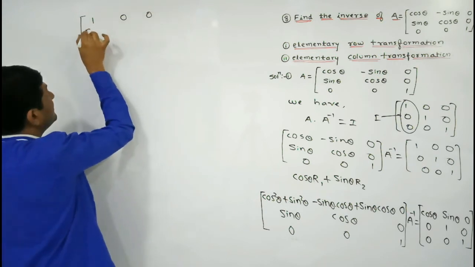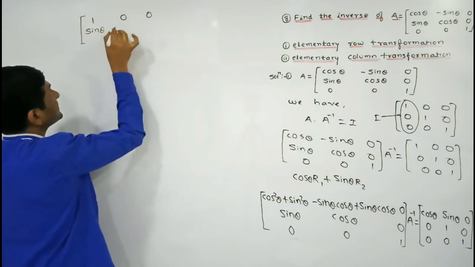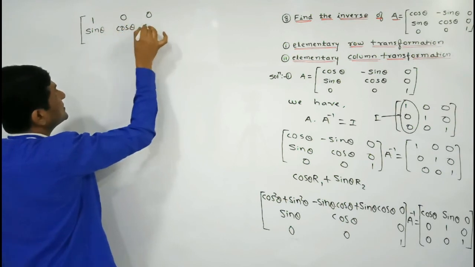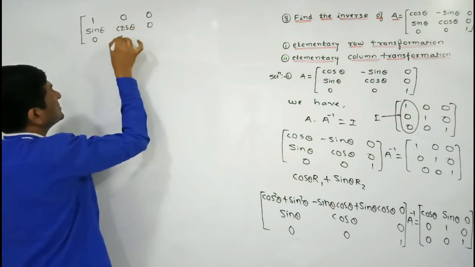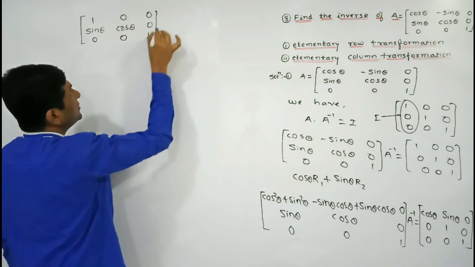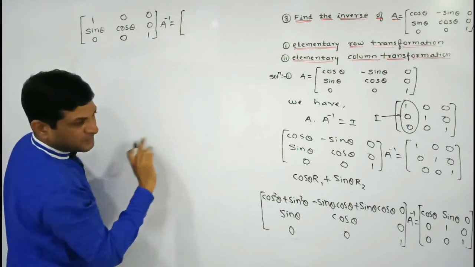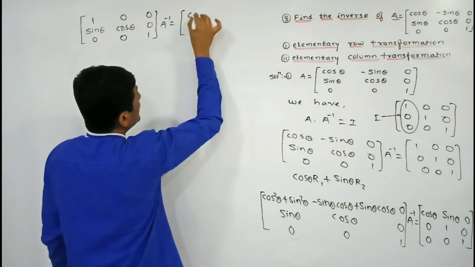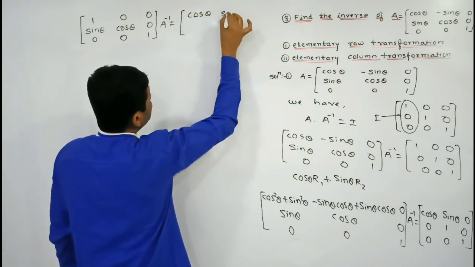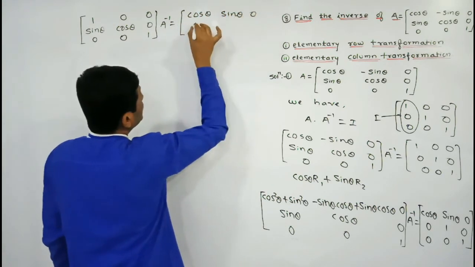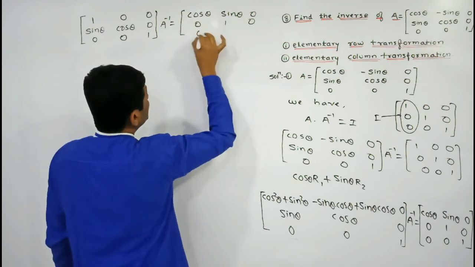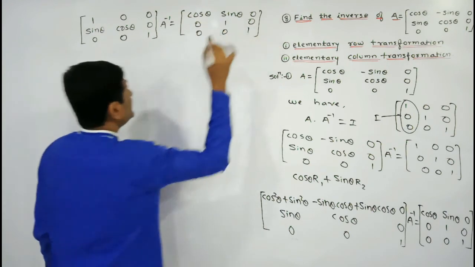Keep the remaining elements as they are: sin theta, cos theta, 0, 0, 0, 1 into A inverse. On this side, keep all the elements as they are: cos theta, sin theta, 0, 0, 1, 0, 0, 0, 1.